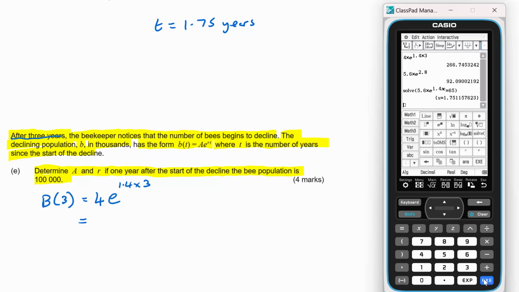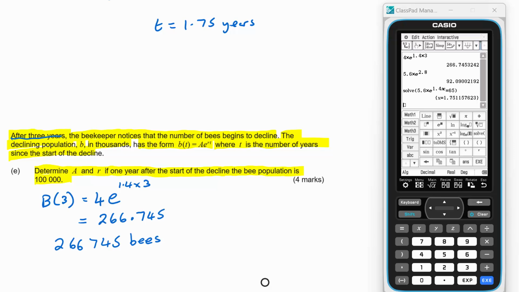And that gives me 266.745. Actually, stick with the 745 because we're going to multiply by 1,000, aren't we? And so that means there would be 266,745 bees.